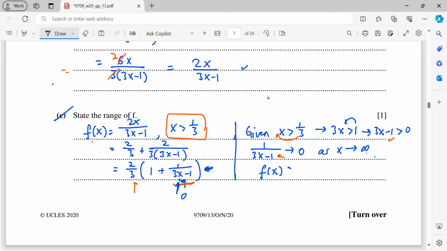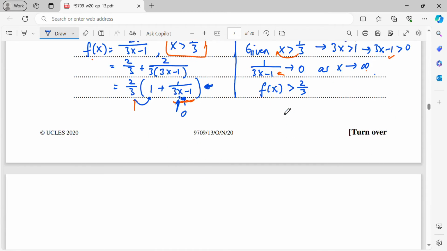So which means your f(x) is basically greater than 2 over 3, because of this 2 over 3 multiplied with 1. Okay, so done for this question.